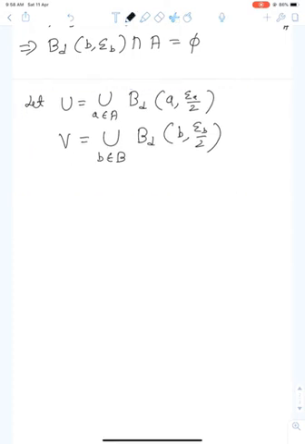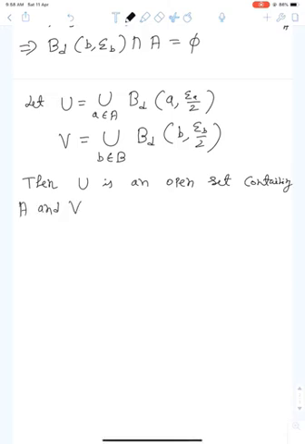Then obviously U is an open set containing A, and V is an open set containing B. So this is clear, right?